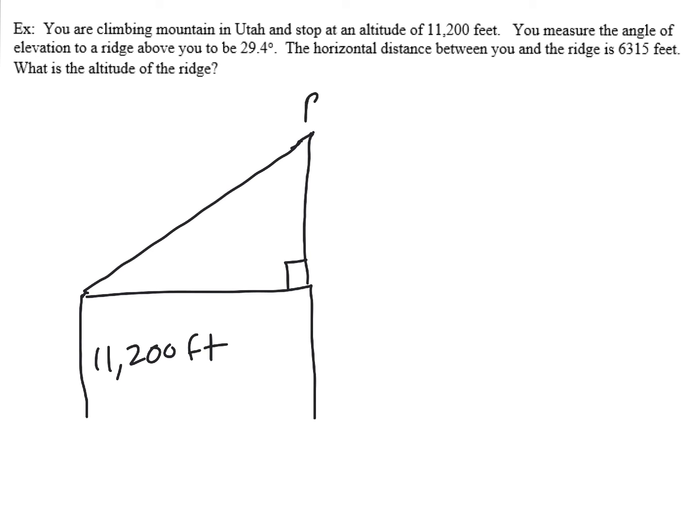The ridge is right up here. We're climbing at an angle of 29.4 degrees. And it tells us the horizontal distance right here is 6,315 feet. Okay?